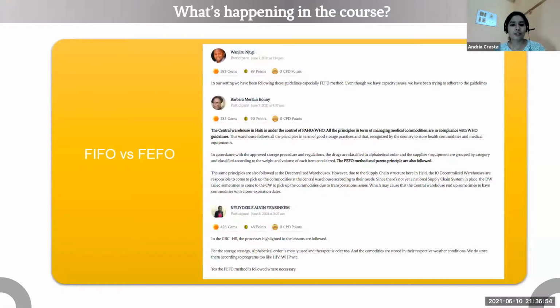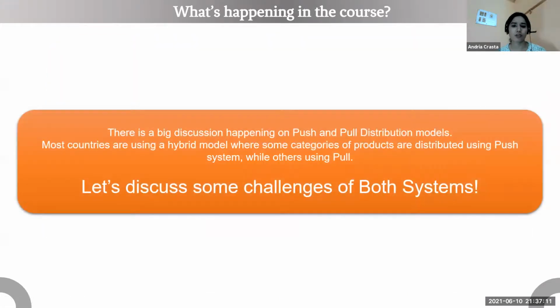So there are discussions happening in the course in module 6. This is a discussion about FIFO versus FAFO. Also we have other discussions like push versus pull, and the majority of responses have said that you have been using a hybrid model in your country, where some categories of products are distributed using push and others using pull.